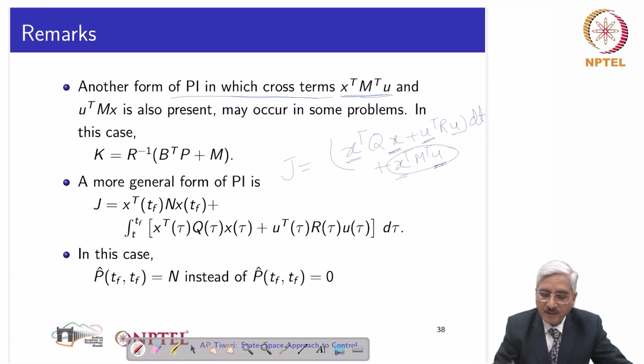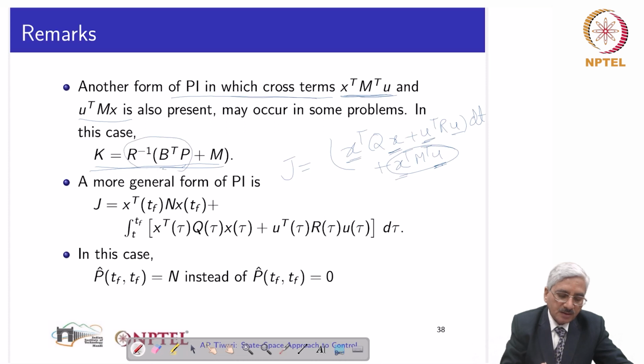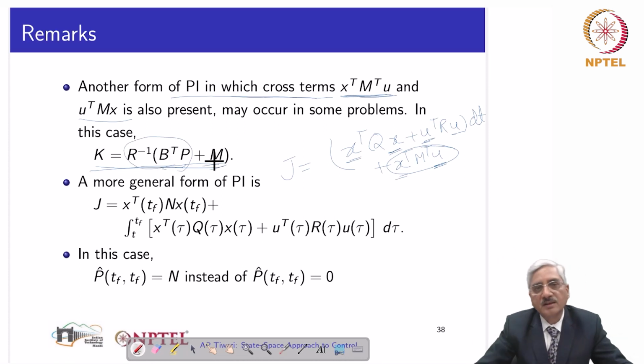So this is a different term. X transpose M U or U transpose M transpose X are also present. This may occur in some kinds of designs, and in that case the theory will be applicable. Of course, the K expression will change: R inverse B transpose P was there alone, and to that M will be added.